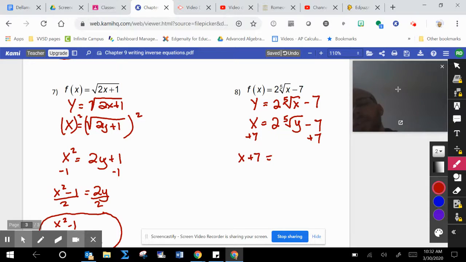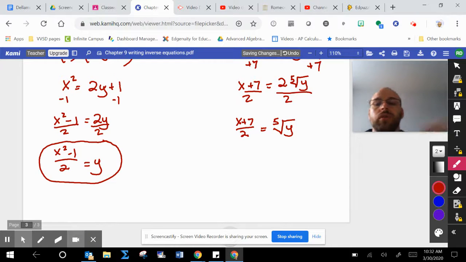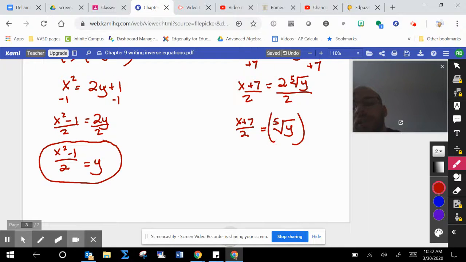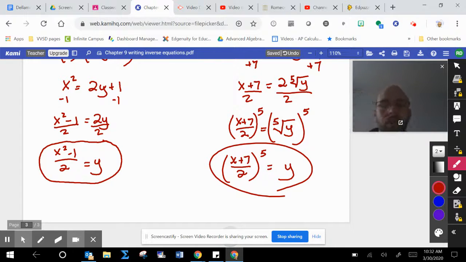So x plus 7 equals a 2 times the 5th root of y. I'm going to divide the 2 coefficient because it's not in the radical. And the inverse of a 5th root would just be using the 5th power. So what I do to one side, I do to the other. I'm going to say an x plus 7 all over 2 to the fifth is equal to y. And that would be my inverse equation.